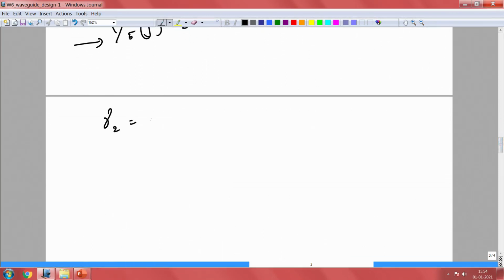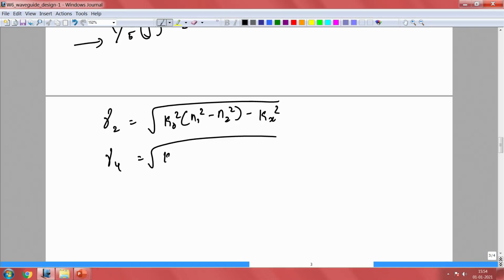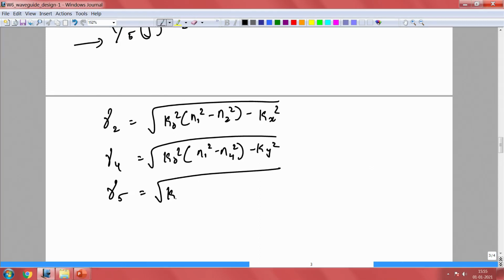So gamma 2 is nothing but root of k naught squared n1 squared minus n2 squared minus kx squared, gamma 4 is root of k naught squared n1 squared minus n4 squared plus ky squared, gamma 5 is nothing but root of k naught squared n1 squared minus n5 squared minus ky squared. So these are all the decay constants.